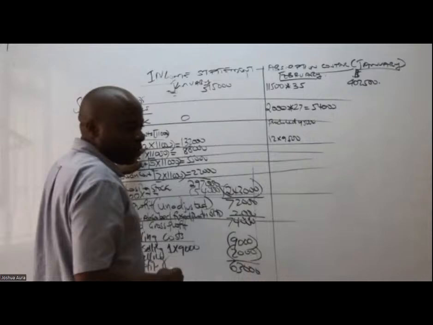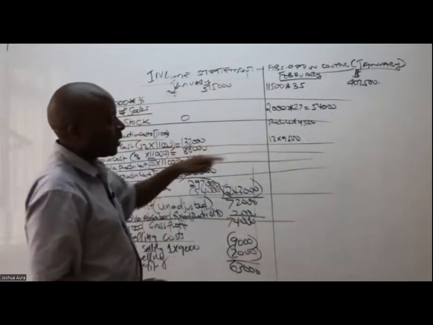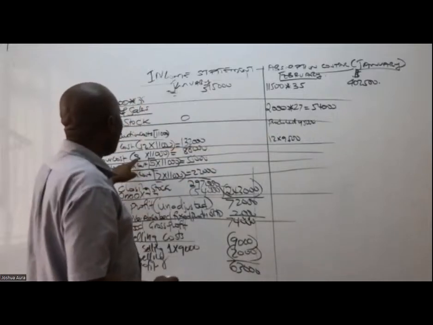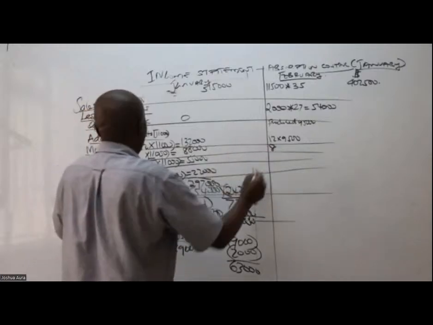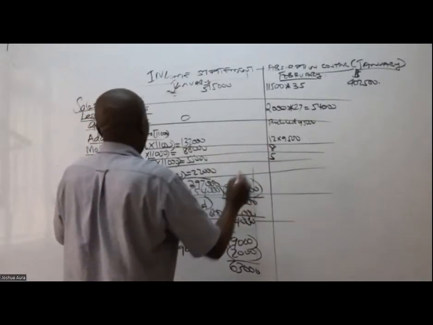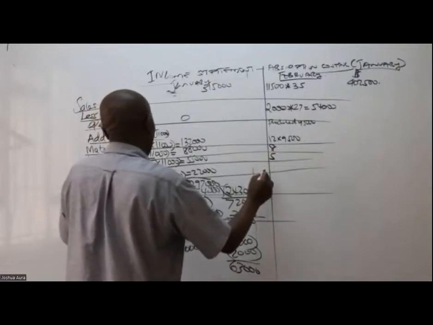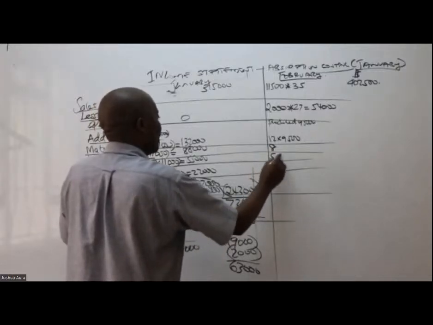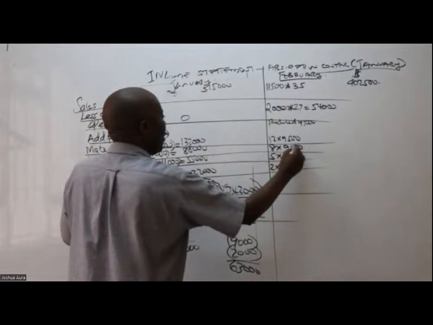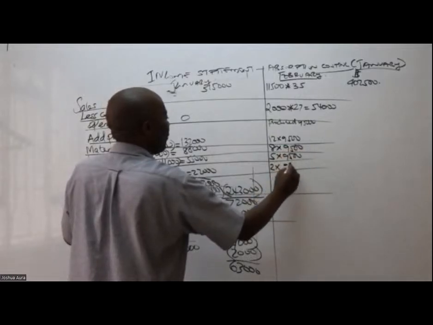All these things remain: material of 8, variable overheads of 5, production overhead of 2. You're only changing the quantity here, 9,500.